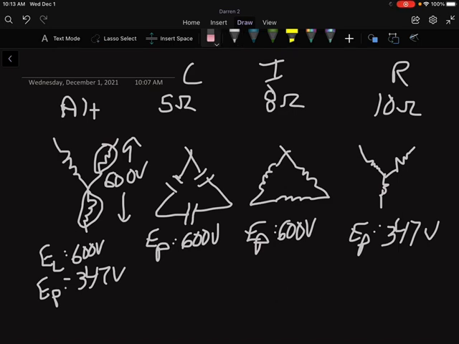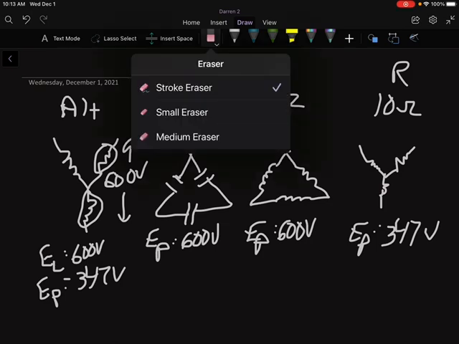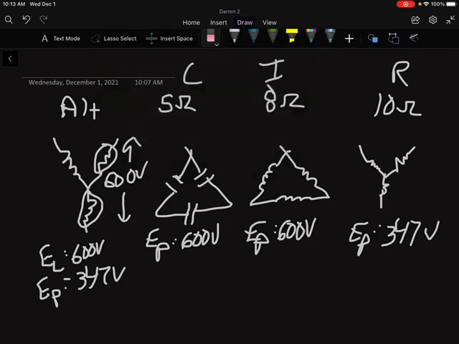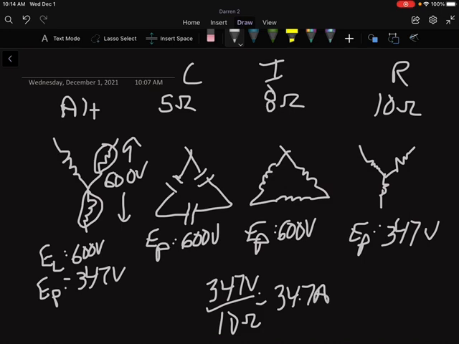All right, so 347 volts on the resistive load divided by 10 ohms is 34.7 amps.